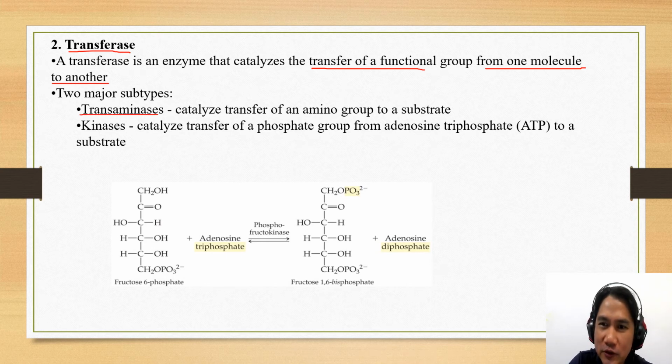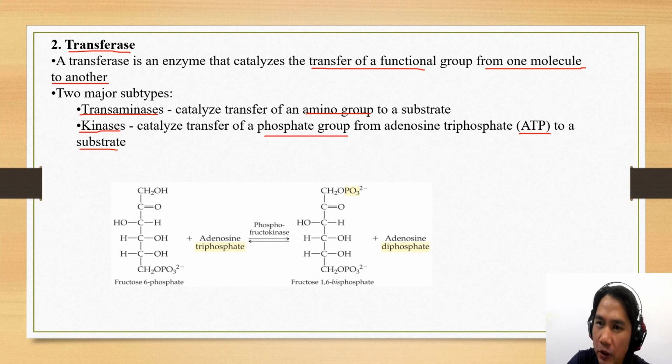The following are transaminases. What they do is transfer an amino group, and the other one is kinase, or kinases. What they do is transfer a phosphate group, specifically from ATP to a substrate. So transaminases transfer an amino group, and kinases transfer phosphate.